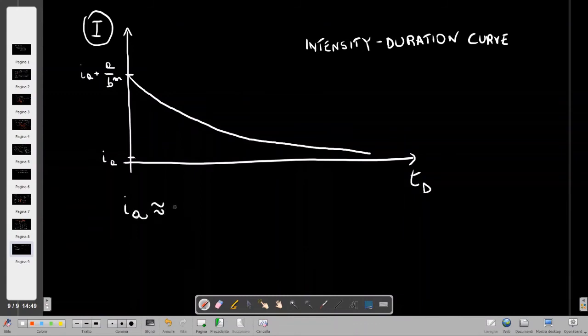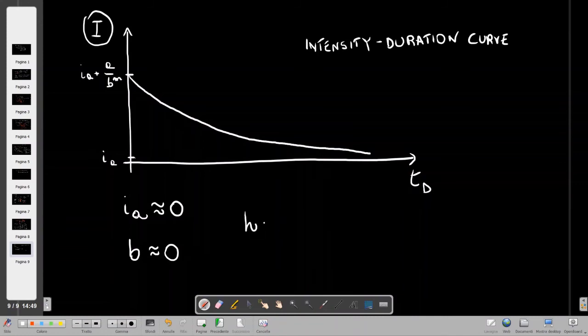Now, we can observe that the intensity, or better, the average intensity for very long events is negligible, is almost zero. And also it is possible to give the value of the parameter b as 0.